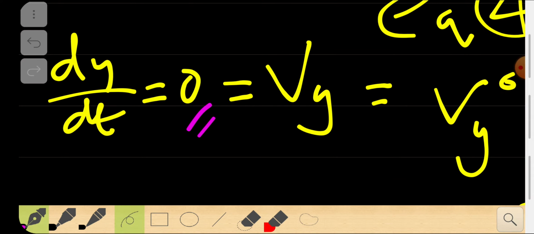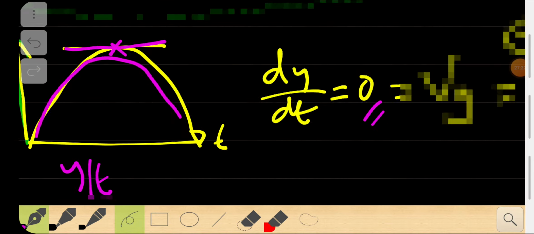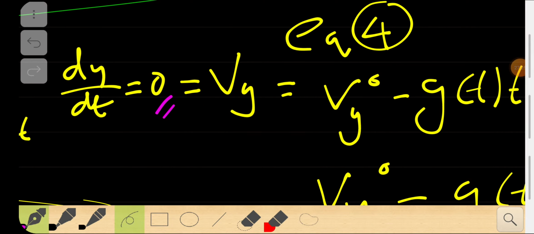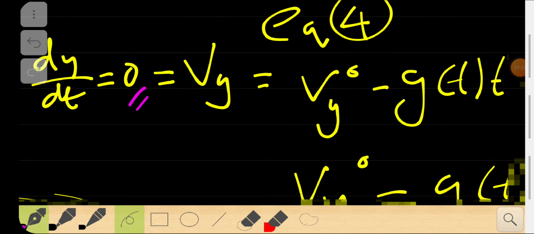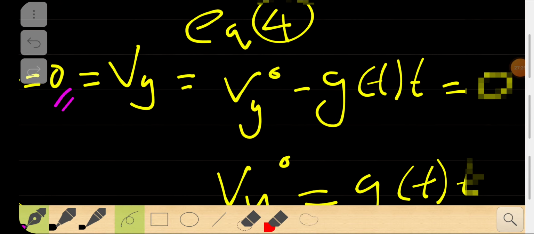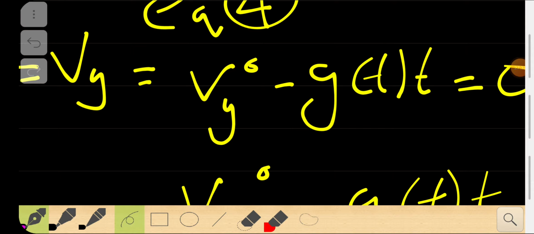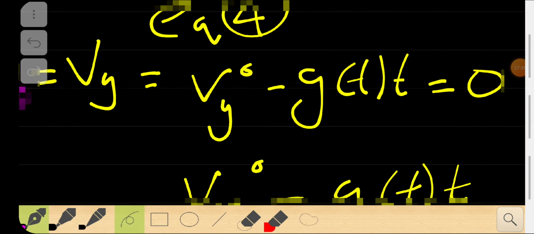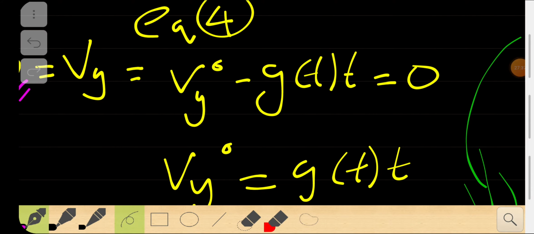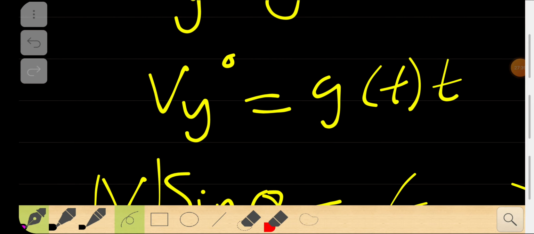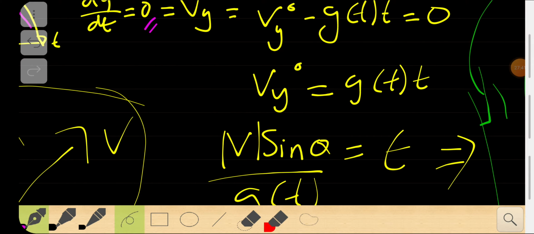That means the velocity in terms of the y axis, the y velocity, is equal to 0. So now we can say that vy is equal to 0. If you use equation 4 and substitute that back, vy0 minus g t will be equal to 0. So that means vy0 is just g t. I just moved it to the other side.